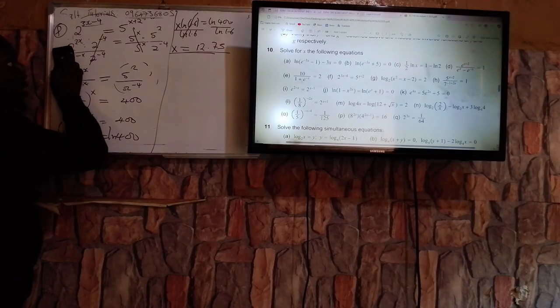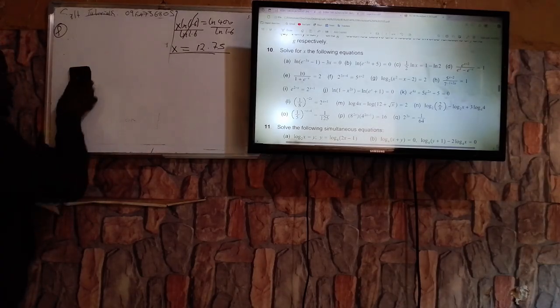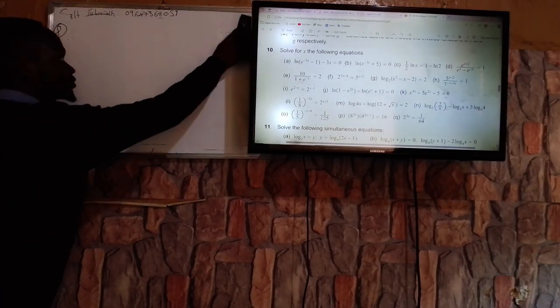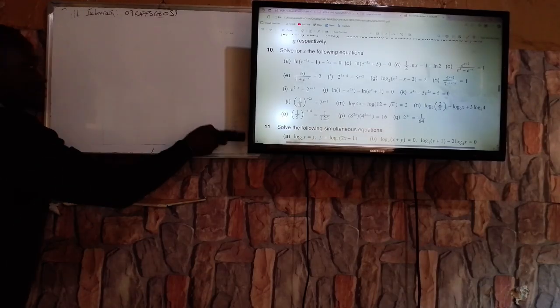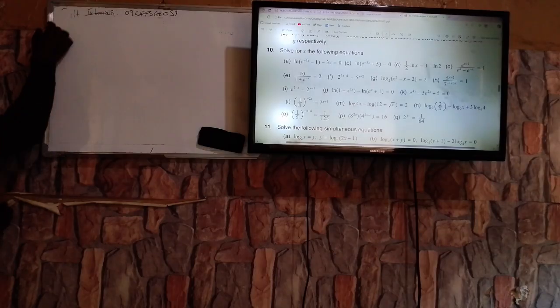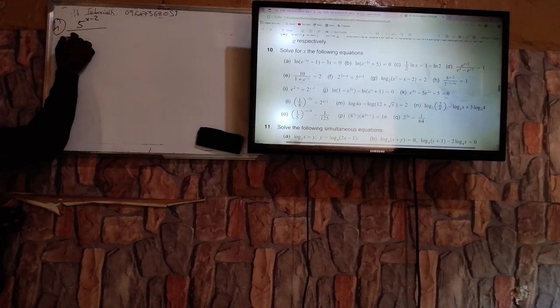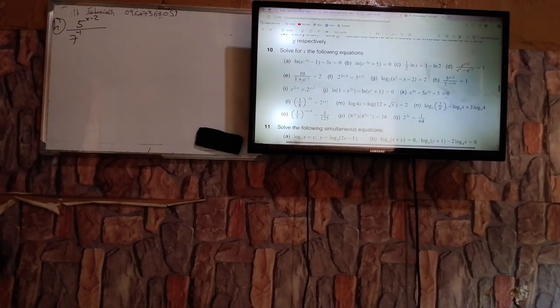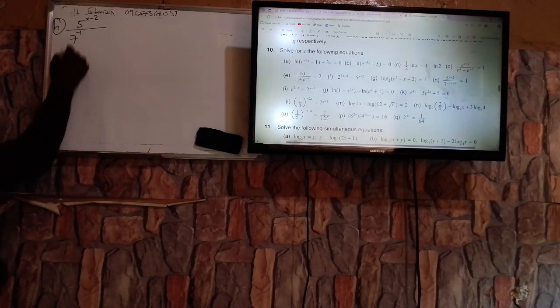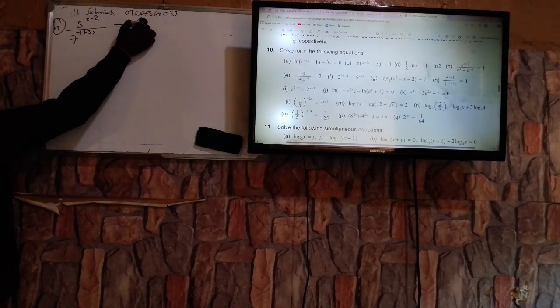So let's look at h. h there says 5 power x minus 2 over 7 power negative 1 plus 3x, and this will be equal to 1.